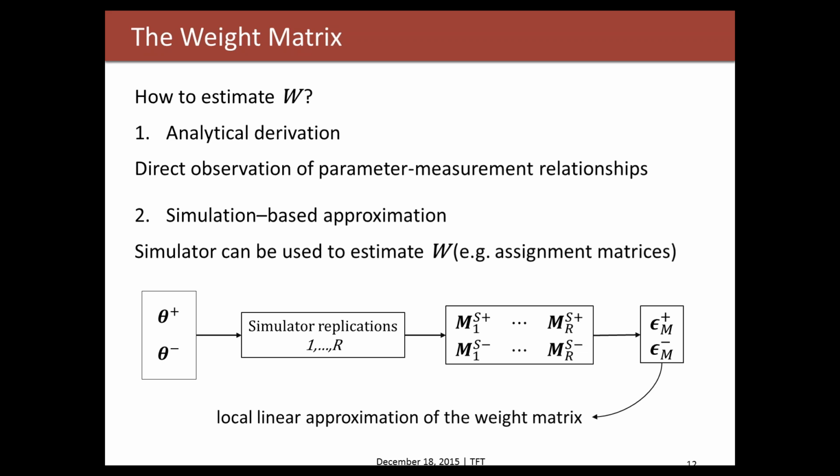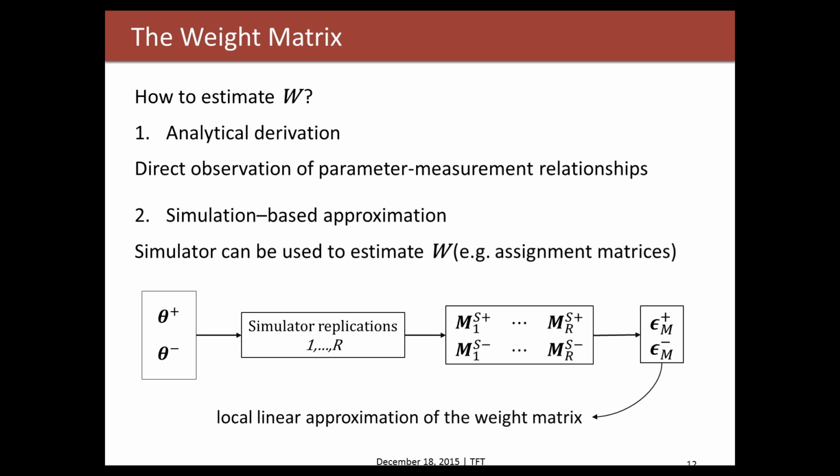Here, typically, it relies on the direct observation of parameter-measurement relationships, and we can formulate them, so we can use it directly in the algorithm. And the more observable the system is, the less complex the problem may become, so the faster the algorithm is, let's say.